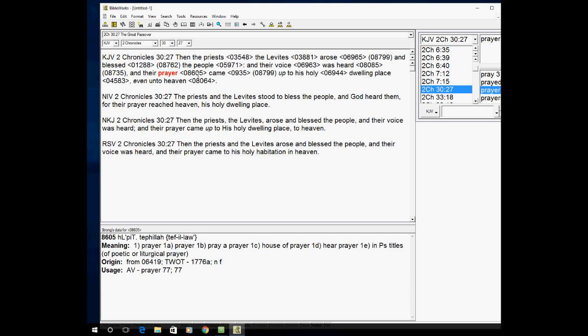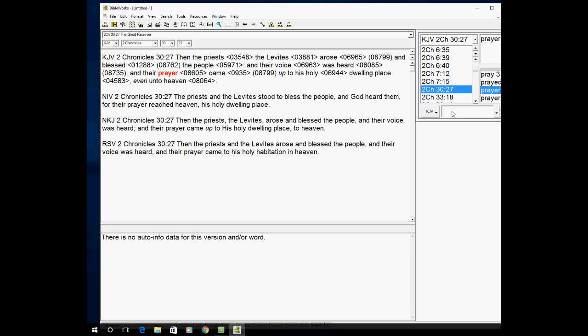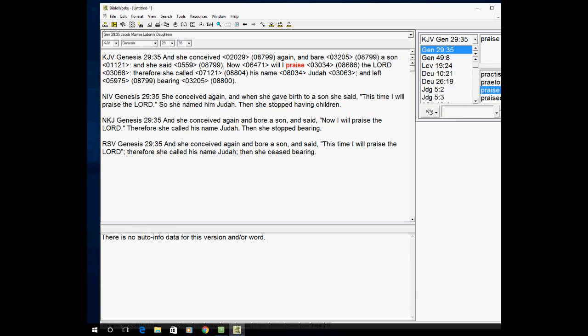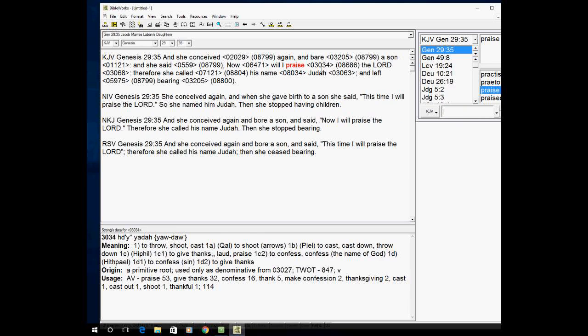It's just an F instead of an H. So tefillah would be a prayer, but now let me take you to the word tehillah, which is very similar to me. Yeah, that worked better. Let me show you this. I will praise you, which is the word yada.